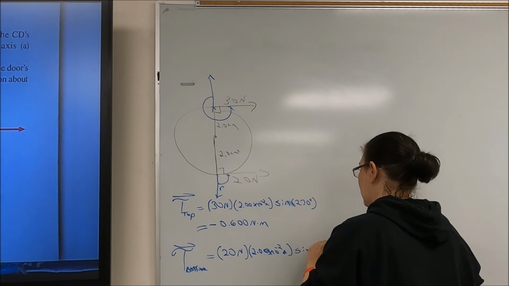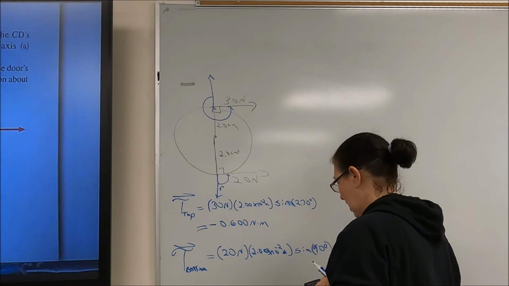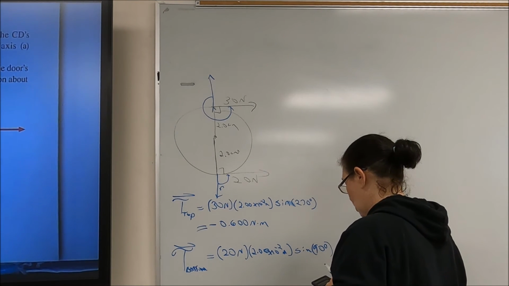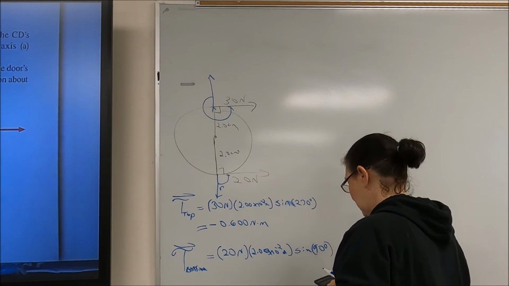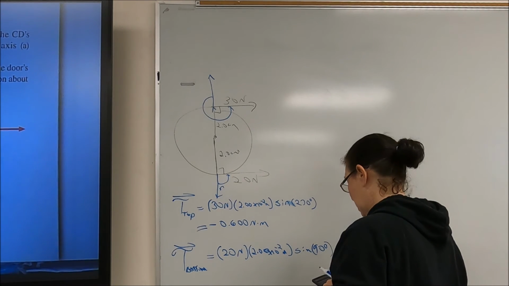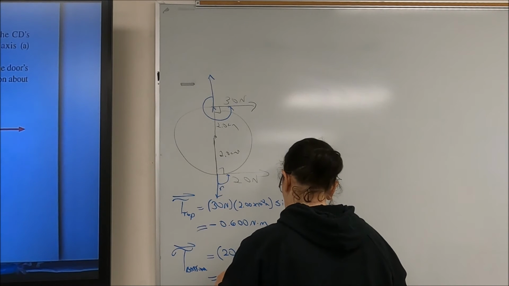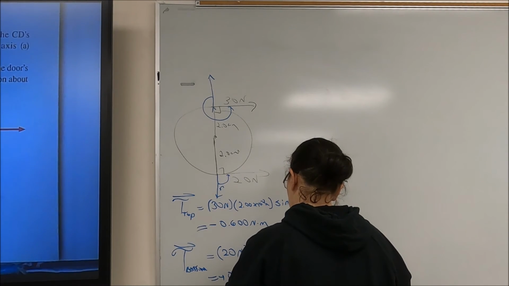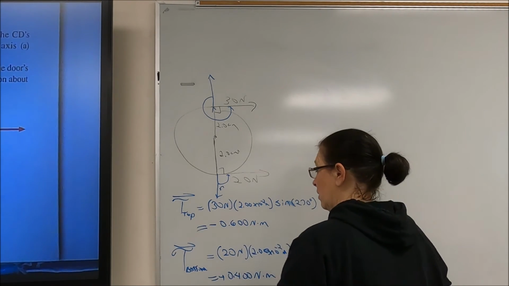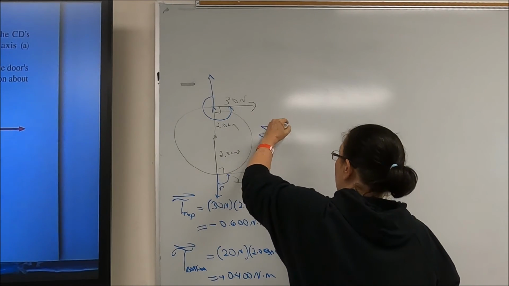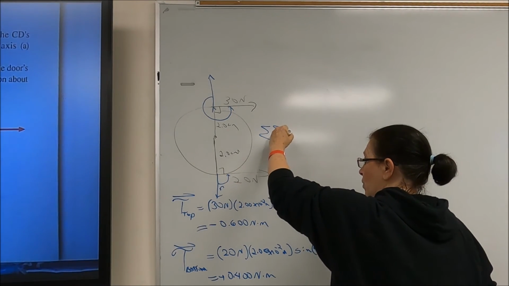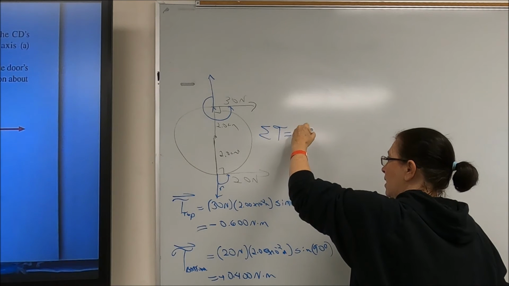That's 90 degrees. The sine of 90 is 1. So 1 times 2 times 10 to the negative 2 times 20. That gives me a plus 0.400 Newton meters.